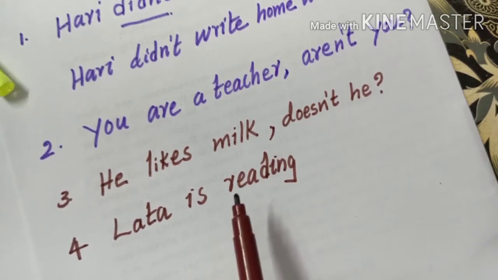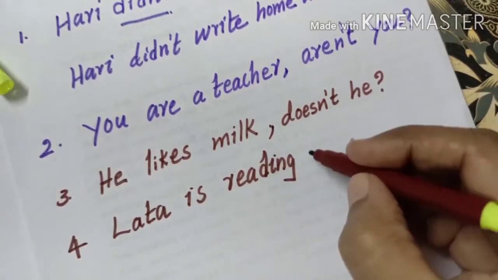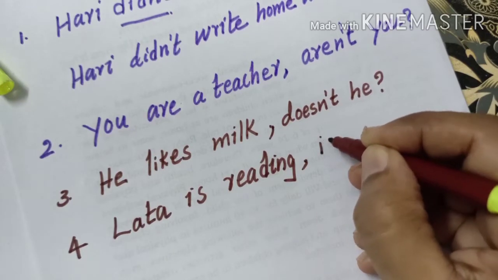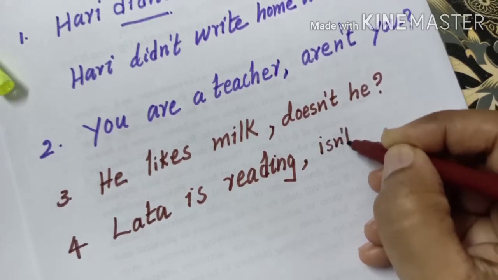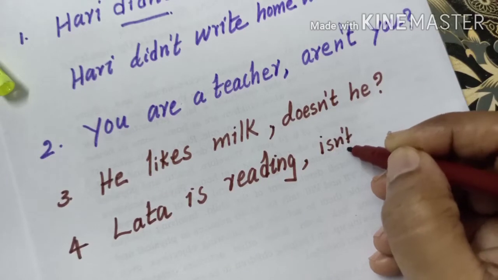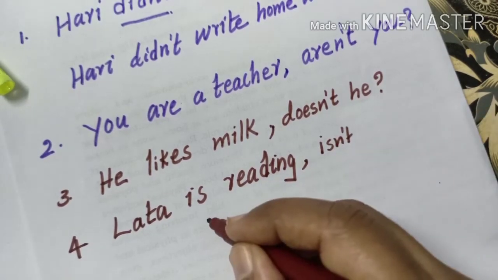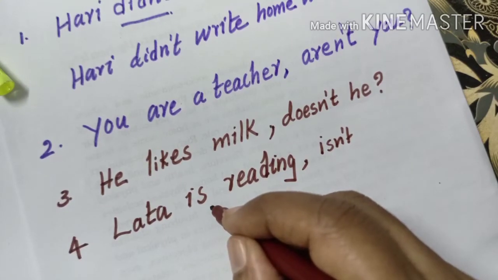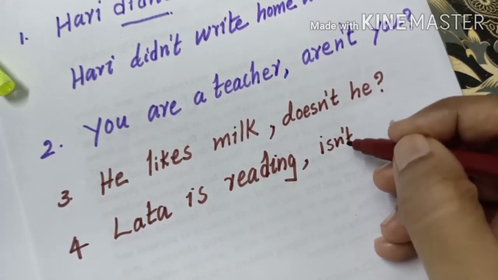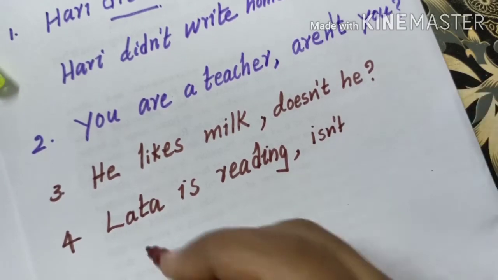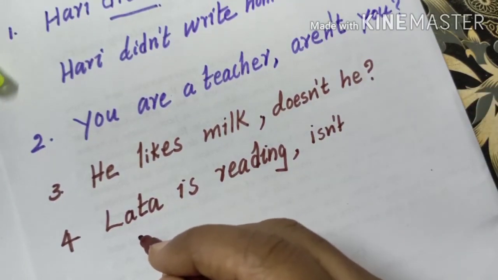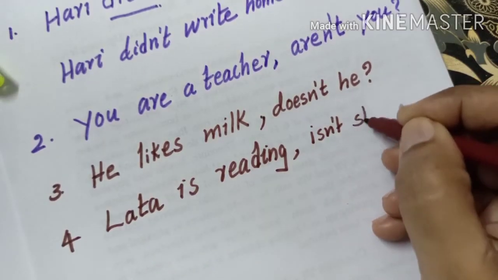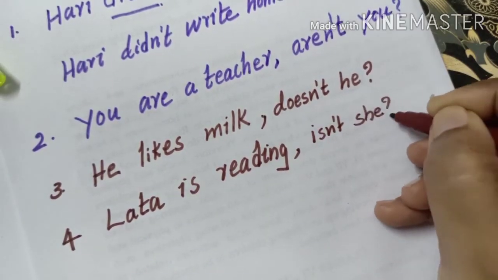You will use the contracted form only. So after reading you should put a comma, isn't. Why do we use isn't? Because the sentence is positive. For a positive sentence, we should use a negative tag, isn't. Then use the appropriate pronoun. Lata is a female, so we will use she and add the question mark.